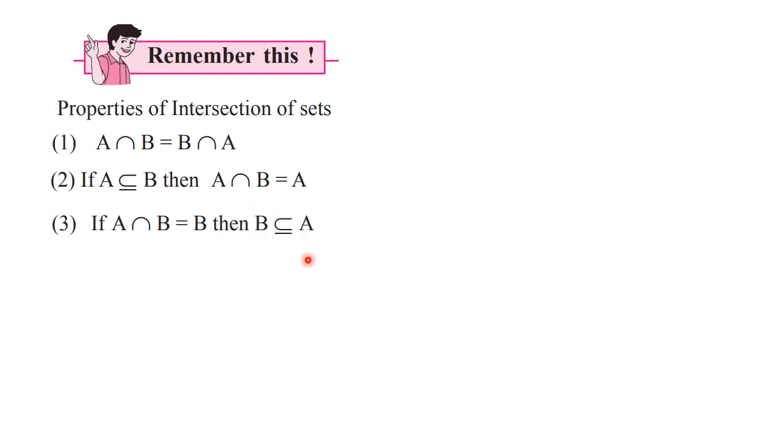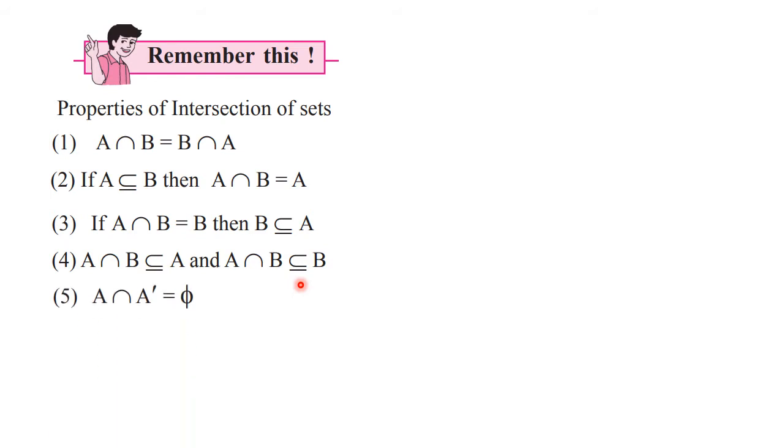Then next, fourth one: A intersection B is subset of A, and A intersection B is subset of B. Obviously, because we have seen the definition of intersection, that intersection is the common elements from both the sets. That is why A intersection B is subset of A and it is subset of B also.